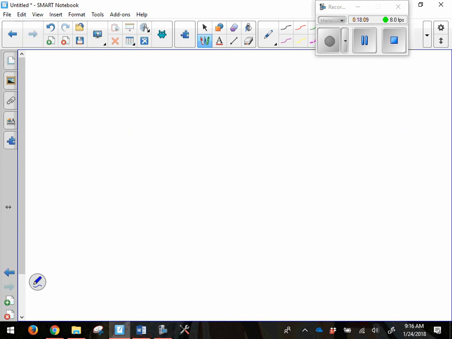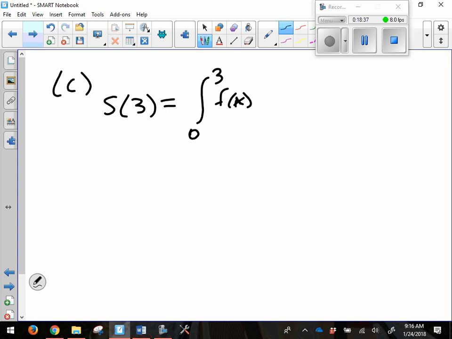All right, how about part C? What does part C ask us for? Okay, so I want to find s of 3. And I have an expression for s, right? What's my expression for s? Okay, so in this case, it's going to be the integral from 0 to 3, since that's what I'm looking for, of f of x dx.